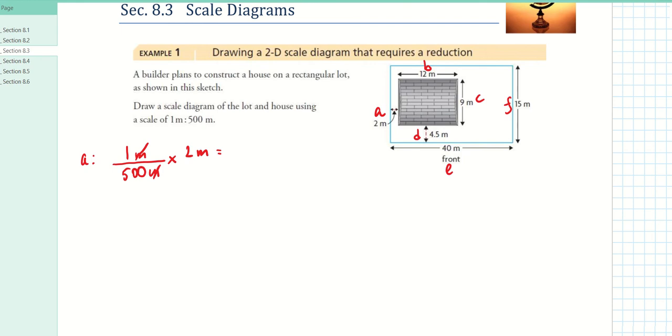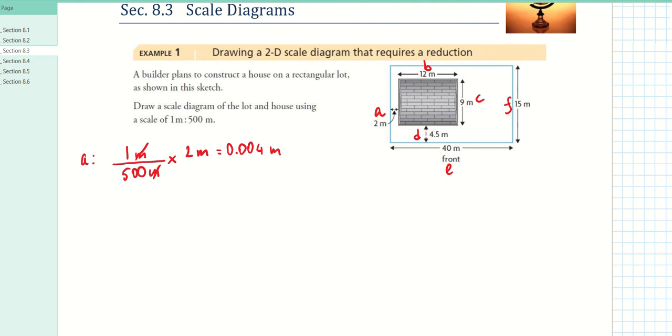So these are the measurements that were taken, either from the actual house or he sketched it down. In this case, it says he's planning to build this, so we have to sketch it out. So 1 over 500 times 2 is going to be 0.004 meters.